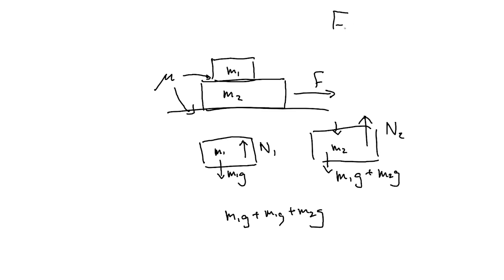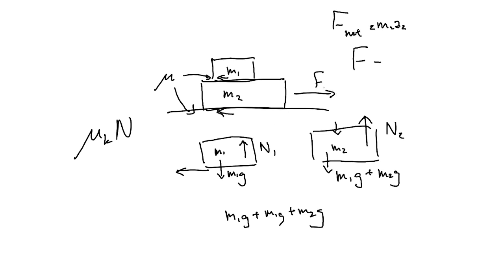So F net is going to be equal to m2a2, right? So our net force is going to be the force that's currently pulling on it minus these normal forces, right? Well, not just these normal forces. Remember that our friction is going to be mu kN, right? And the reason why this works is because we have a frictional force here, and we also have a frictional force here.